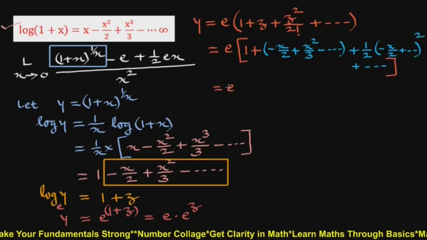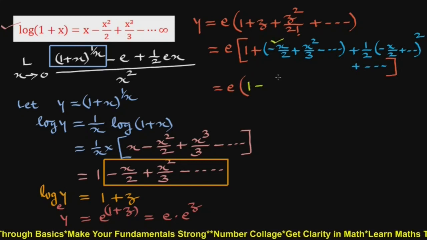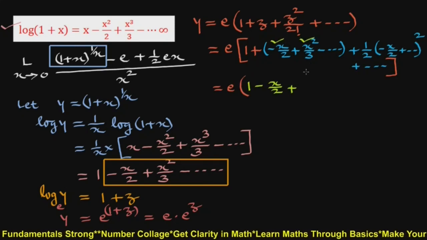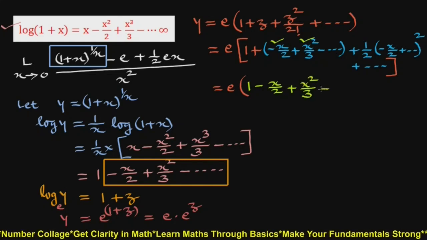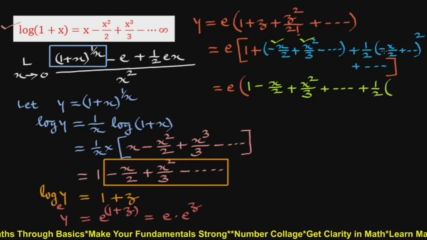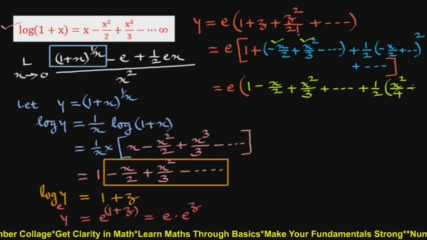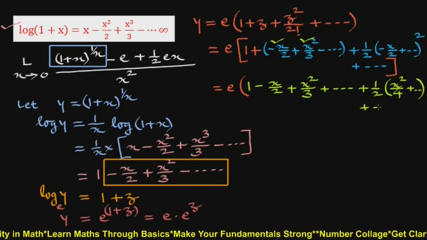This will be e into 1 minus x upon 2 plus x square upon 3 plus so on and so forth plus half into the square of minus x upon 2 plus x square upon 3, that is x square upon 4, plus so on and so forth.